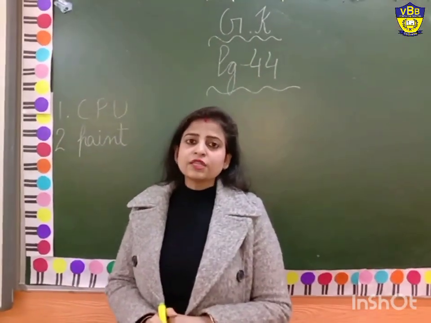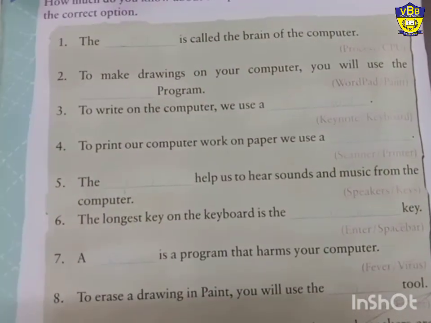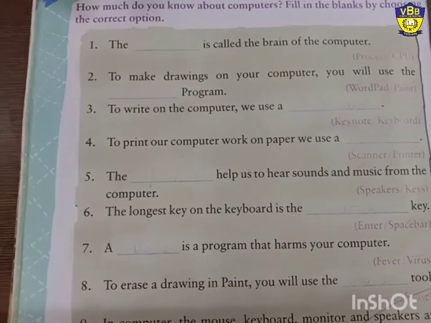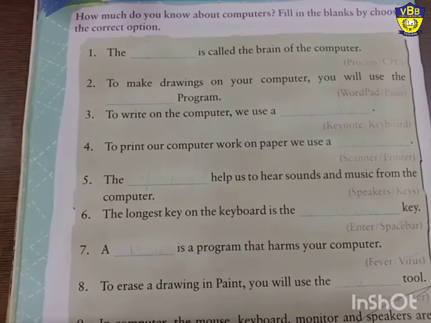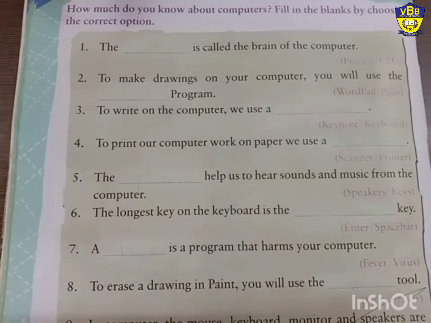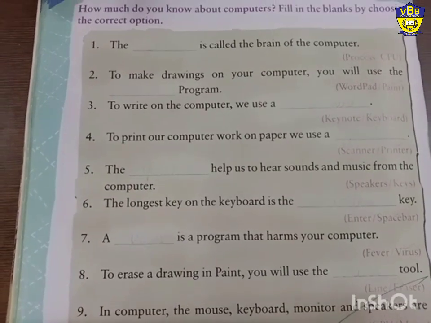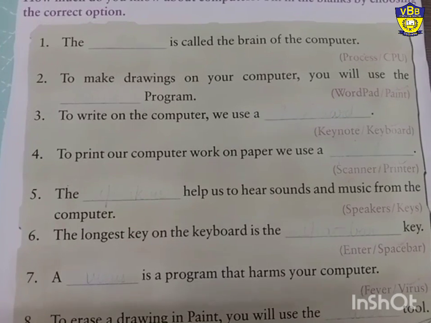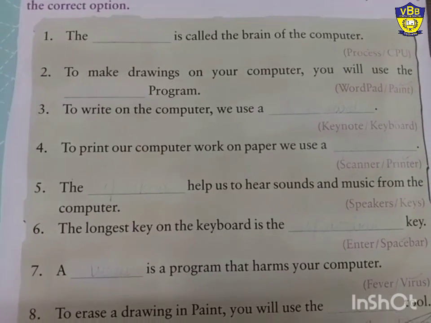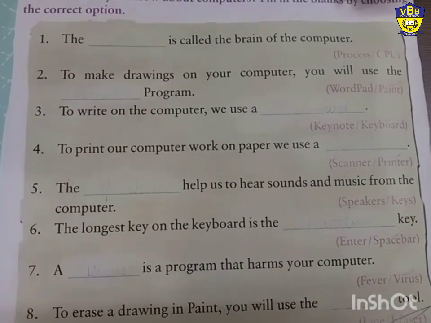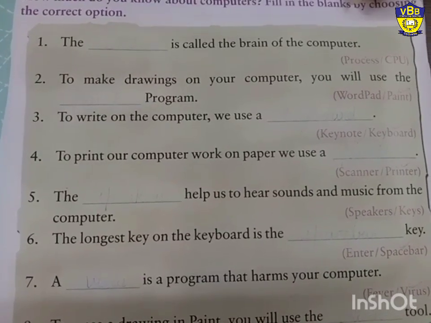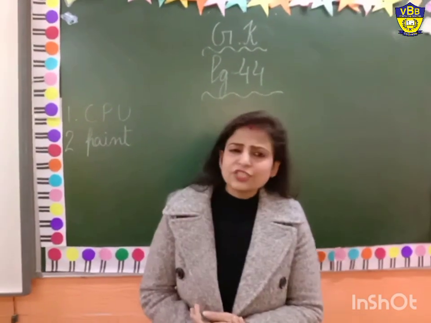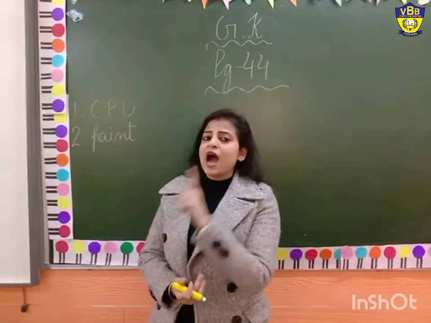Okay, now move to the third filler, that is, to write on the computer we use a dash. What do we use to write something on a computer, where there are alphabets, numbers, all the things? Options are keynote or keyboard. That is such a simple question. I know you know the answer very well.